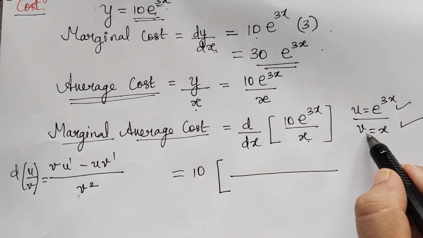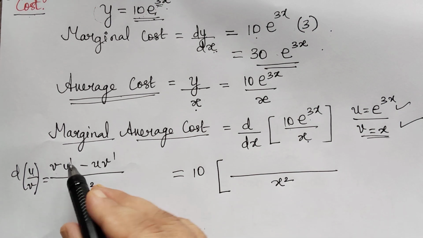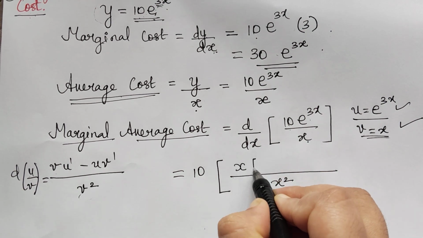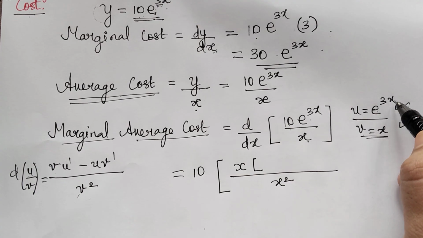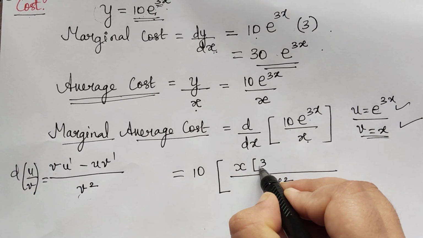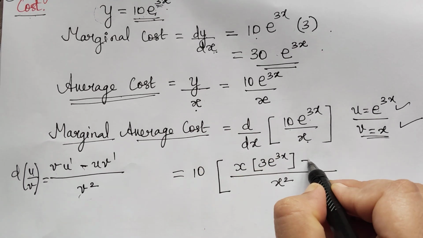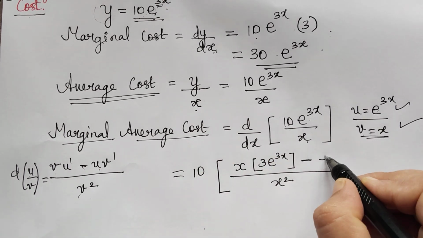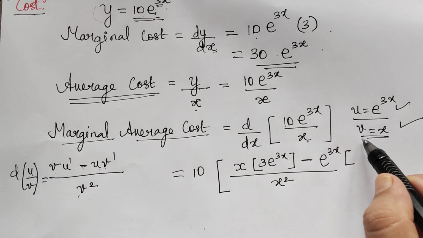Applying this, here v is x. So it will be x square in the denominator, v multiplied with u dash. So x multiplied with u dash, the differentiation of u. E power 3x, when differentiated, gives us 3 e to the power 3x. And then minus u, which is e power 3x, multiplied with differentiation of v with respect to x.